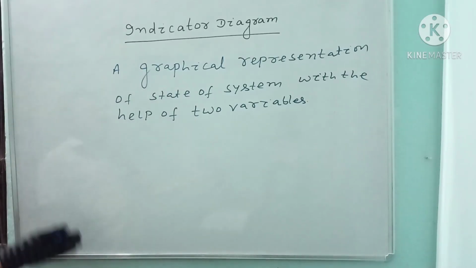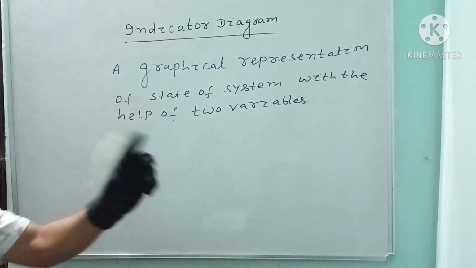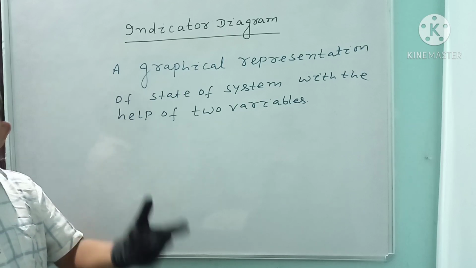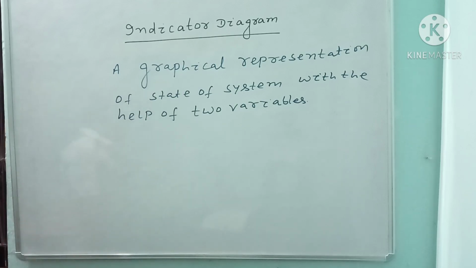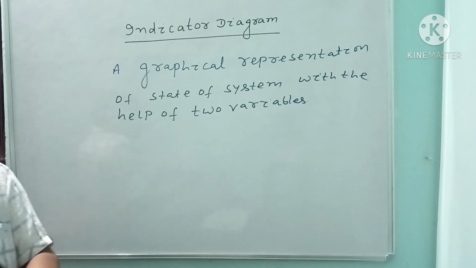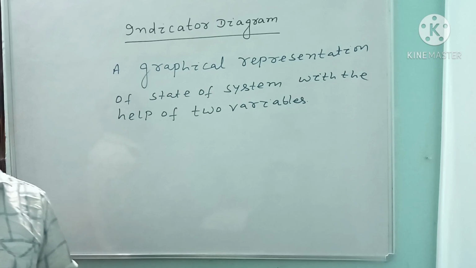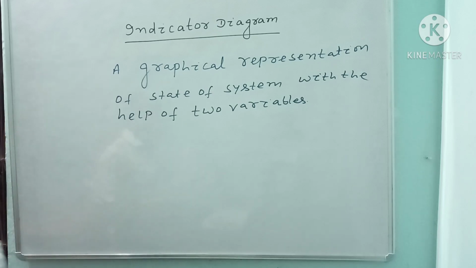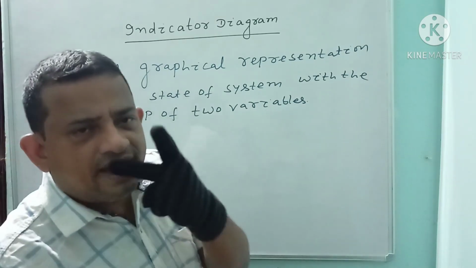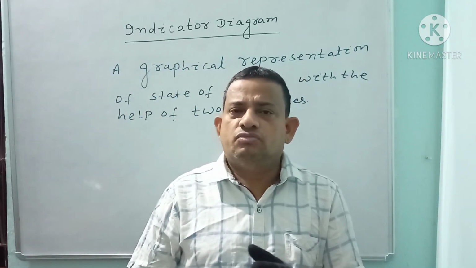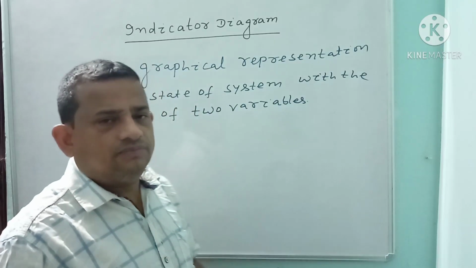So it is a graph through which you show the state of the system, and in a graph we require some variables. Here we take two variables from pressure, volume and temperature.